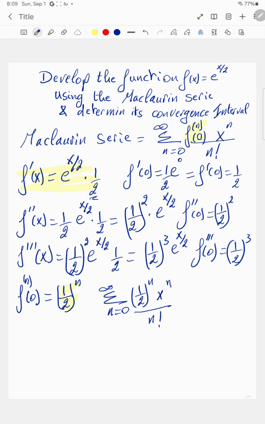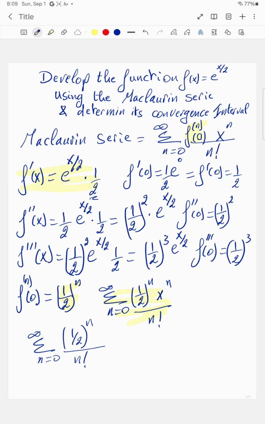For the interval of convergence, I have to study that series. So here, if I replace x equal to 0 in the Maclaurin series, I would have the sum n equal to 0 to infinity of 1 over 2 to the power of n divided by n factorial, and here 0 to the power of n is 0, 0 to the power of whatever is 0, so I'm not going to write it.